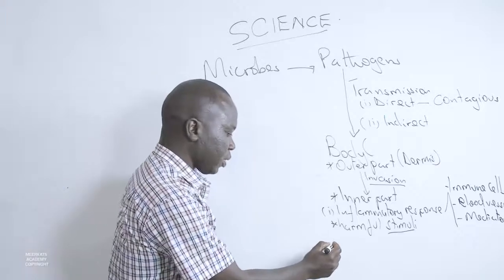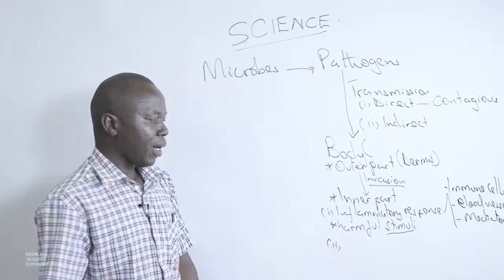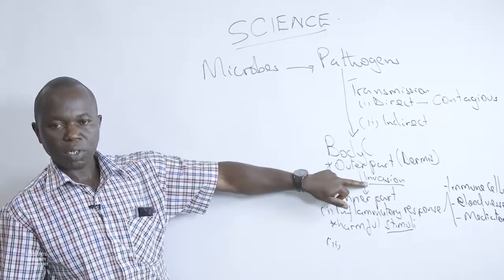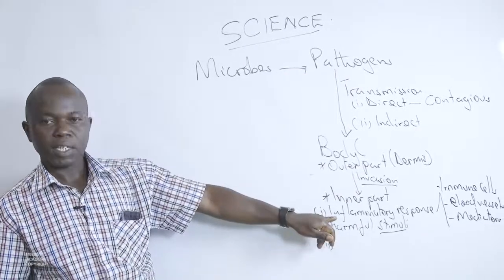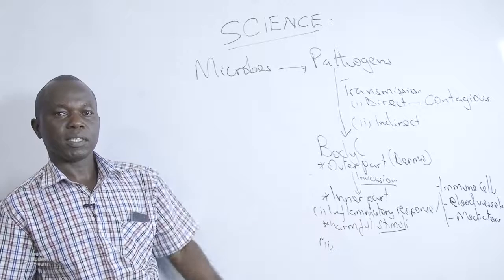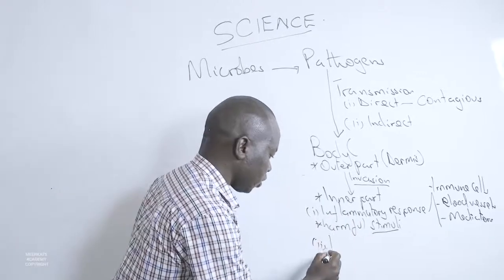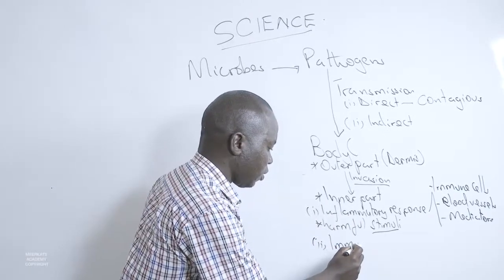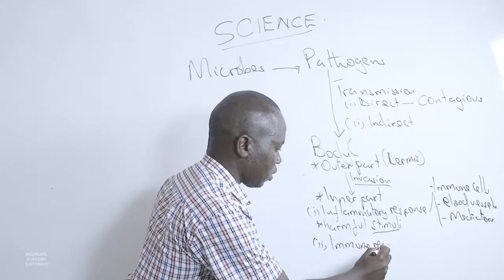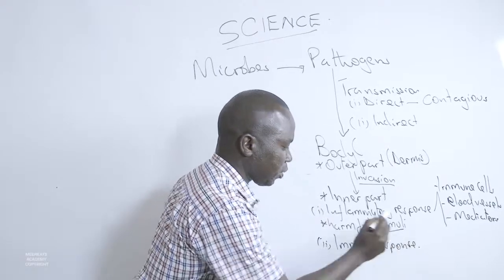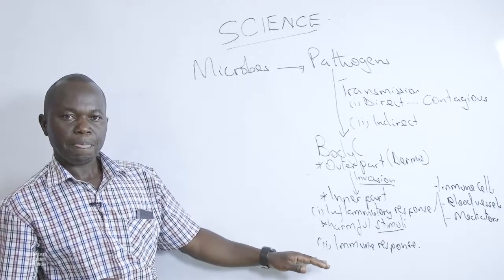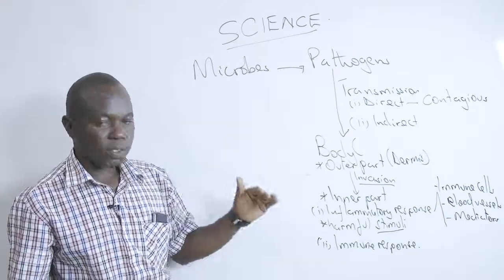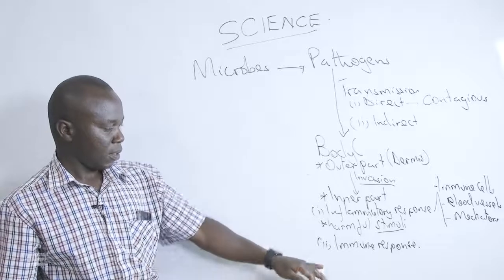So the other response that comes in handy to tackle invasion of the body by pathogen, apart from inflammatory response, is the immune response. Now, up to that, it gives us a platform for today's topic.